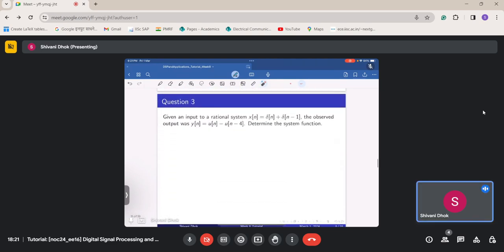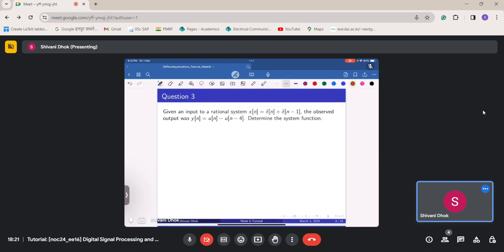If there are no questions, then let me move on to the third question. This question says that given an input to a rational system, x of n equal to delta n plus delta n minus 1, the observed output was y of n equal to u of n minus u of n minus 4. Determine the system function.